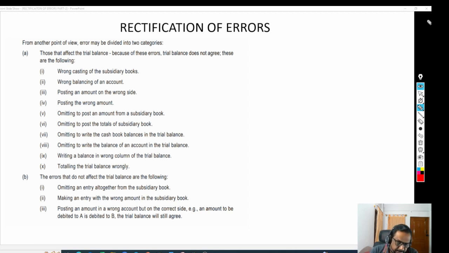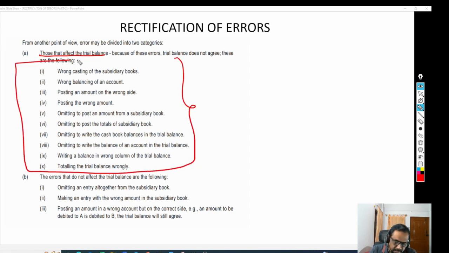Let us first start with those that affect the trial balance. That means the errors mentioned here, all these errors are going to impact the trial balance. All these 10 examples are going to impact the trial balance.